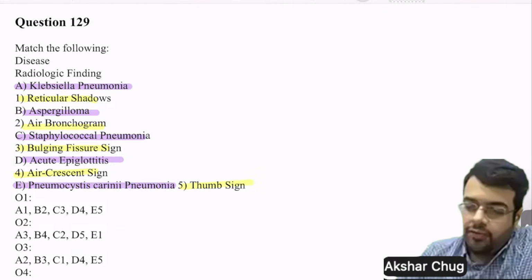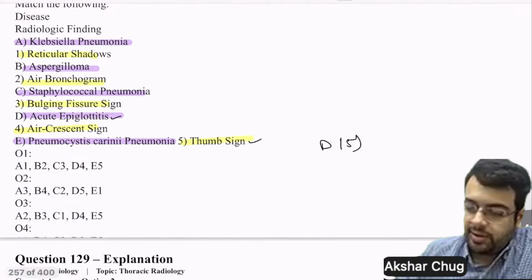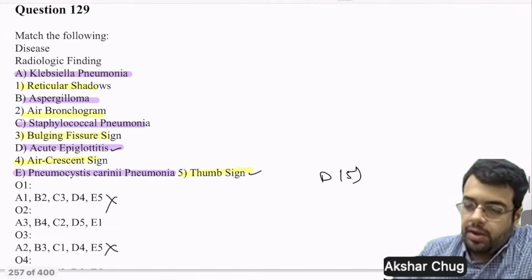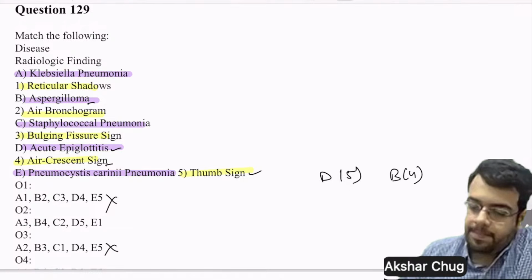So for a fact, I know that in acute epiglottitis, I would be having the thumb sign. So D is 5. Now, can we rule out any options? I think we can rule out these two options. Option 4 is cut below. Then aspergilloma, which shows an air crescent sign. So B is 4.